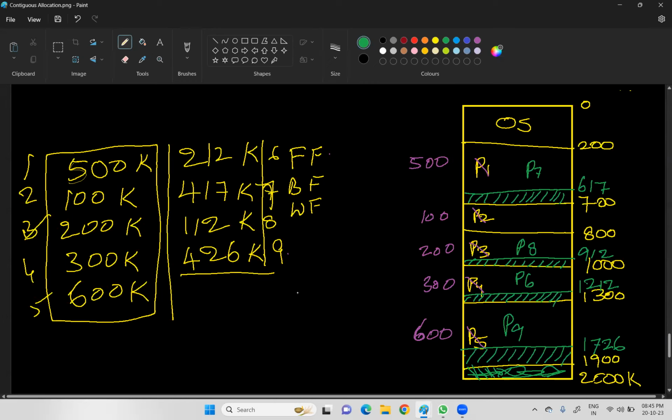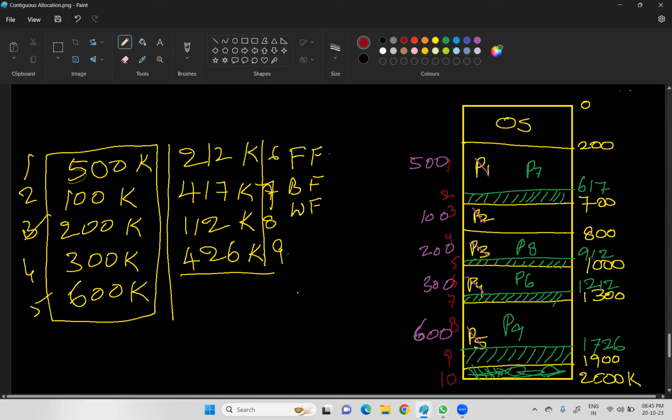After completion of, for example, best fit, look at this particular diagram. We have hole 1, hole 2, hole 3, hole 4, hole 5, hole 6, hole 7, hole 8, hole 9, and hole 10. You can see these many holes.